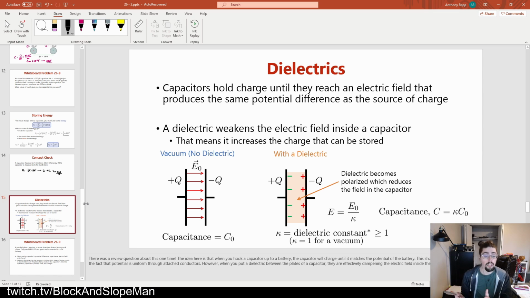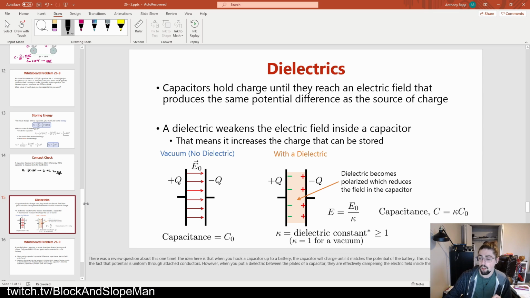And the reason being, it's not just because of the fact that it's spiraled around, but it's because it uses a dielectric inside. There's a fluid dielectric between the two layers here. And by weakening that electric field between the two plates, you're actually able to store even more charge on them.